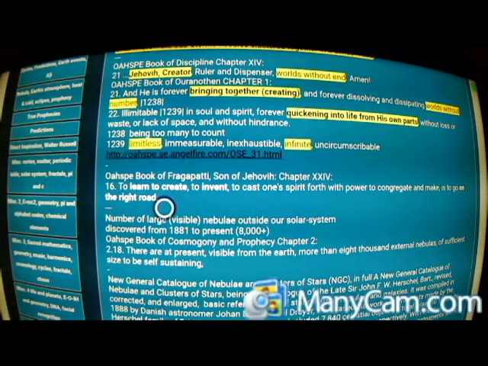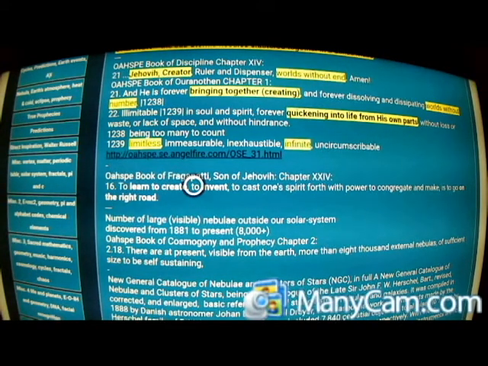Oahspe, Book of Fragapati, son of Jehovah, chapter 24, verse 16. To learn to create. First of all, you need to know what a creation is to learn it. And if you think to create means something from nothing, you've got something to learn.